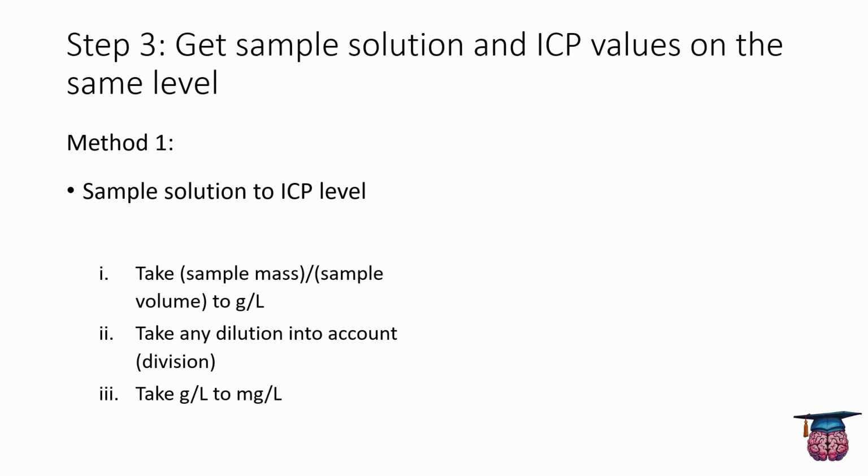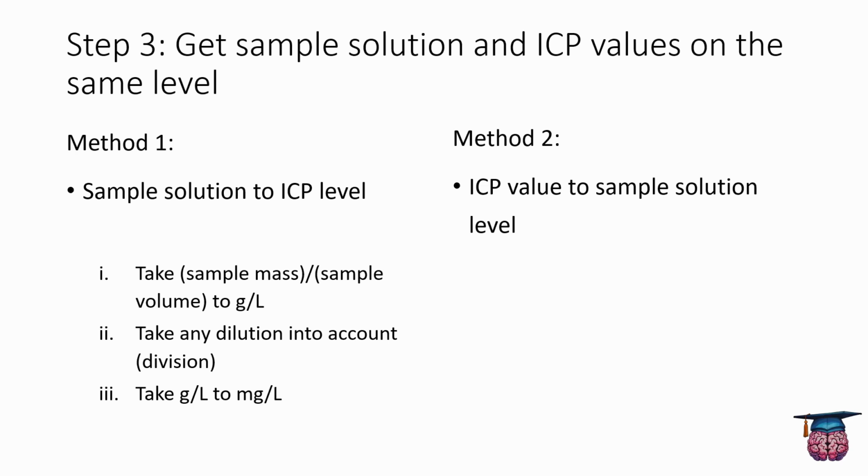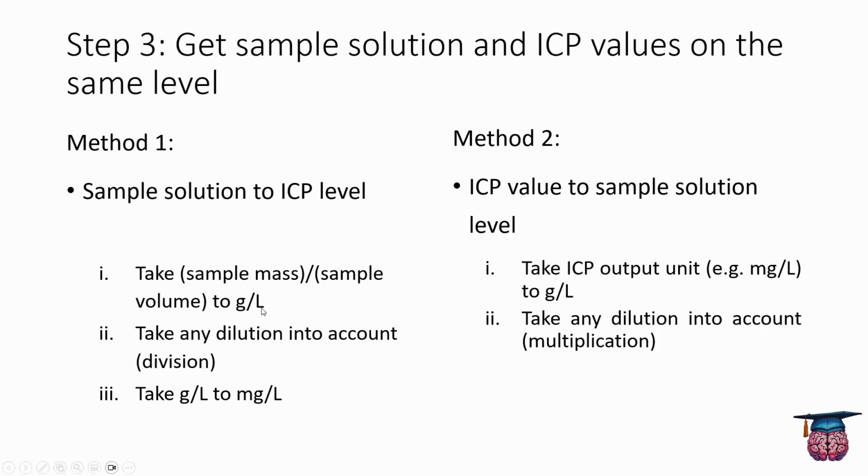Now, method 2 is just exactly in the opposite direction. We are now moving from our ICP value to our sample solution level. So step 1 will be similar. Step 1 is to take our ICP output unit, which is milligrams per liter, for example, 2 milligrams per liter. Then we take any dilution into account.